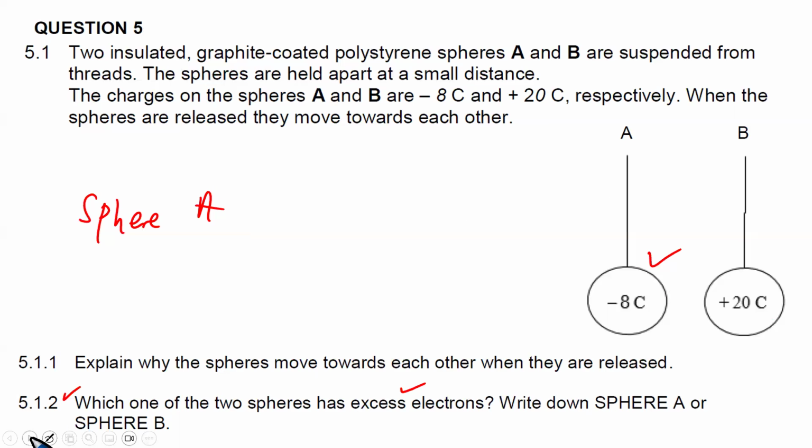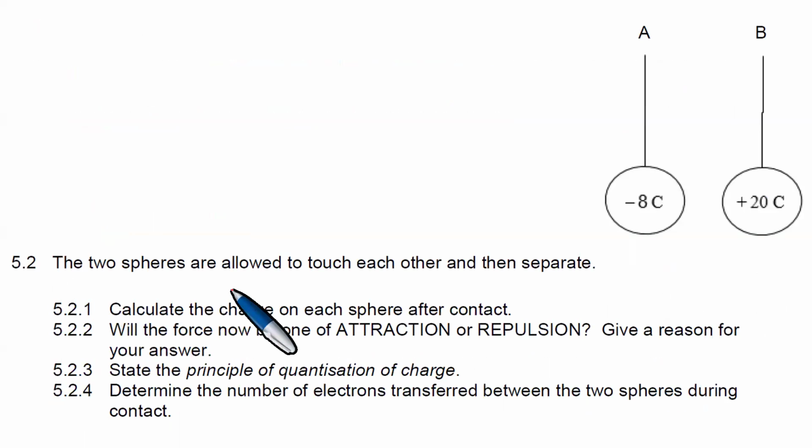Okay. Right. So the two spheres are now allowed to touch each other and then they're separated. Calculate the charge on each sphere after contact. So we're going to have Q new.